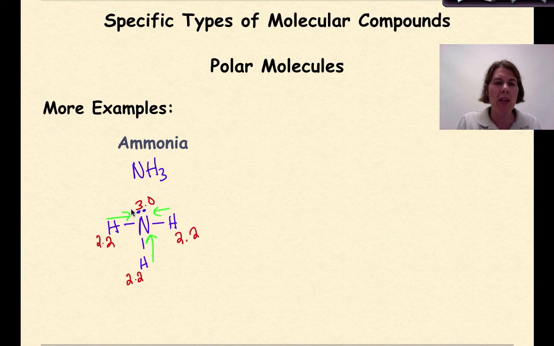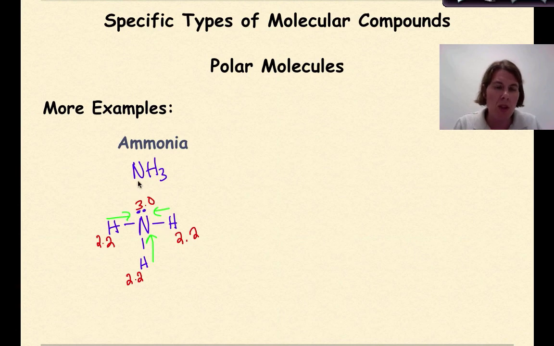Actually, again, there's a big electron cloud that is basically pushing these bonds between the nitrogen and the hydrogen down. So we actually get a shape here called pyramidal, because in a three-dimensional aspect, it looks like a pyramid. But overall, if I had to look at the bonds here, I'd say, well, there's a difference in electronegativity, so the bonds are polar. And since the arrows do not cancel each other out, the molecule as a whole is polar.